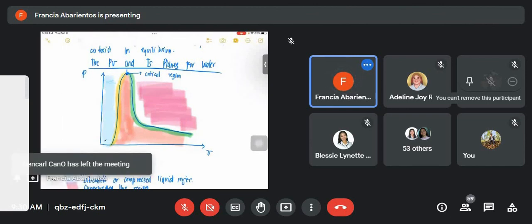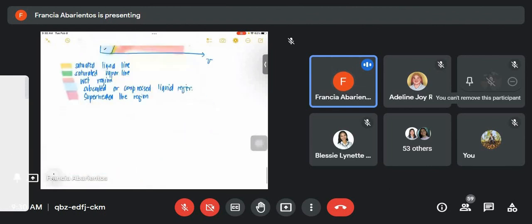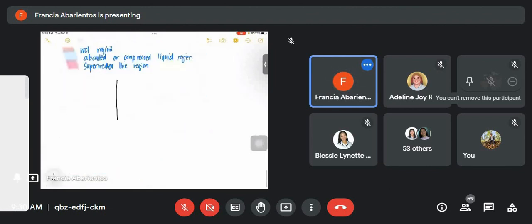Okay? It is just the same as also as the TS. So, TS diagram naman tayo. So, we have the TS diagram.